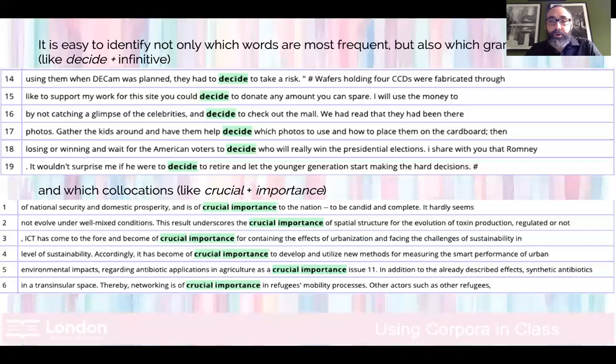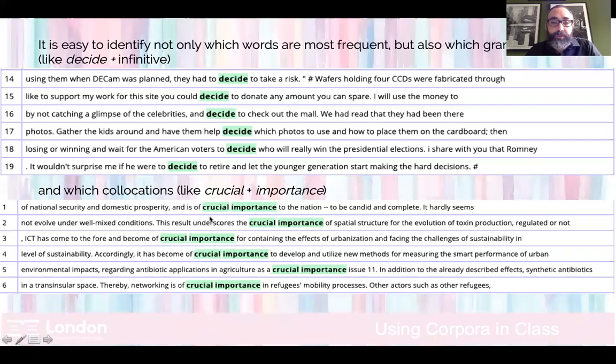So, like crucial plus importance, as we see here, crucial importance to, crucial importance for, and again, it's interesting to see the patterns. Okay, so is of crucial importance to the nation, the crucial importance of something, and again, we see here that before crucial importance, a repeated, let's say, pattern is of crucial importance.